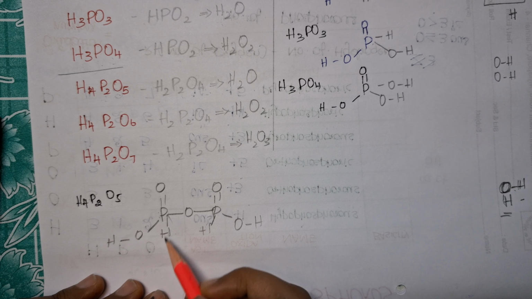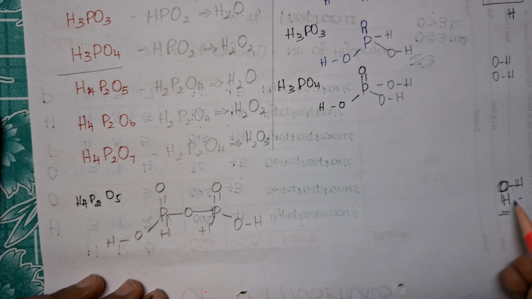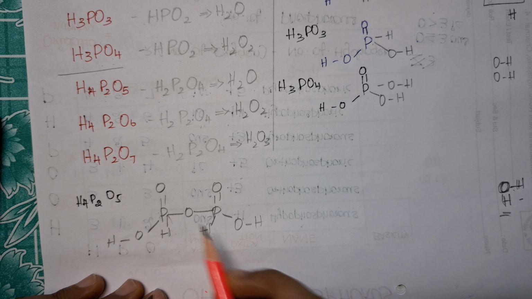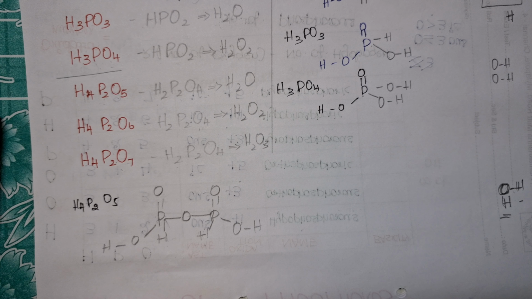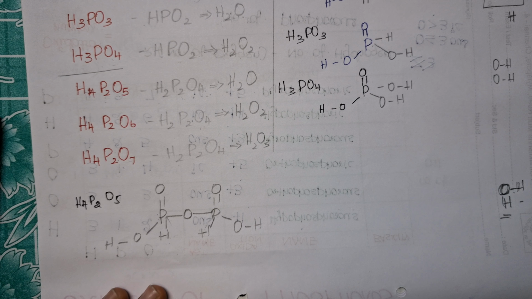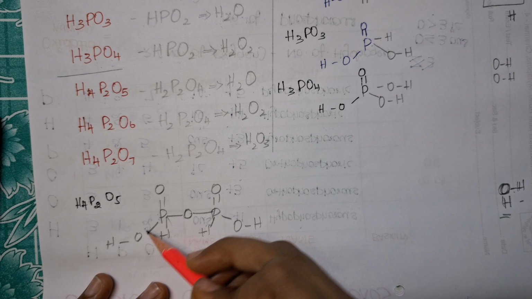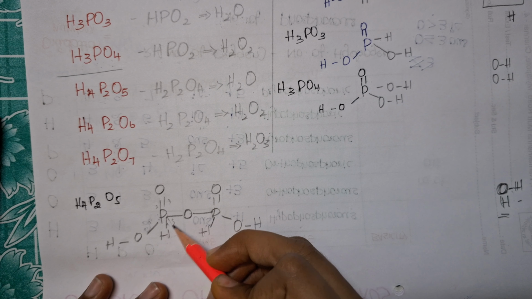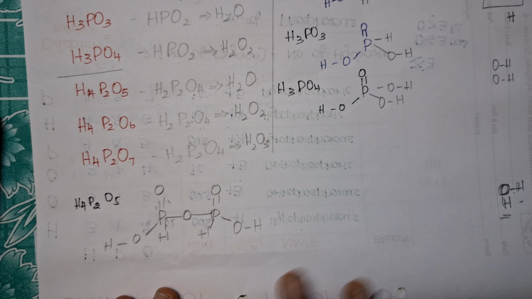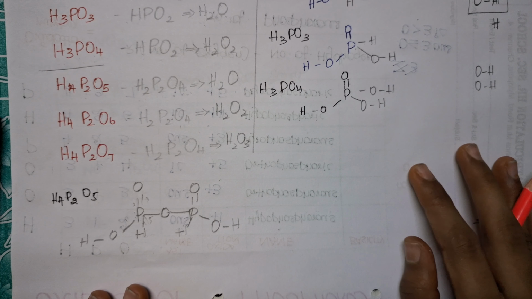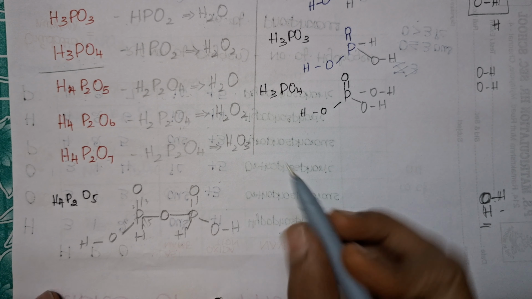Simply think. So here I'm giving both H in common, and 1 O I'm adding in the common. So these both are joined also. Now let's see, 1, 2, 3, 4, 5. So each of the phosphorus also got 5 around it. Are we clear? Now we will move on to the next structure.